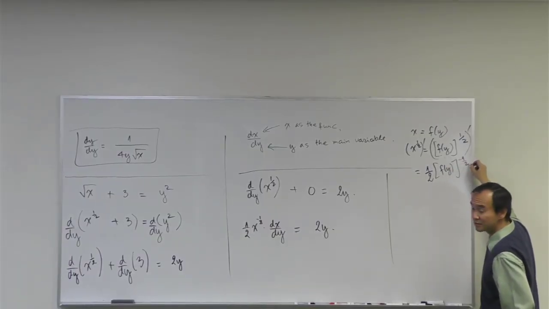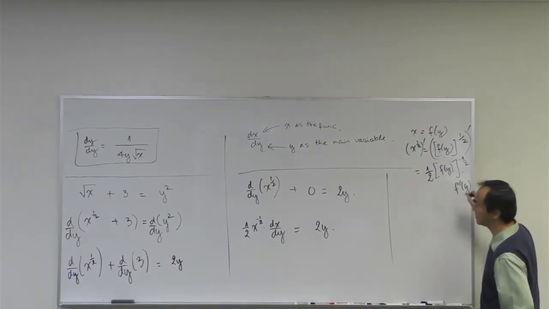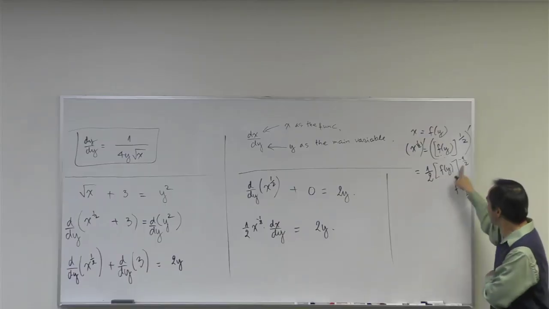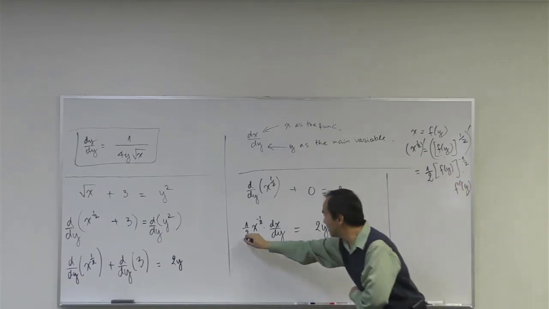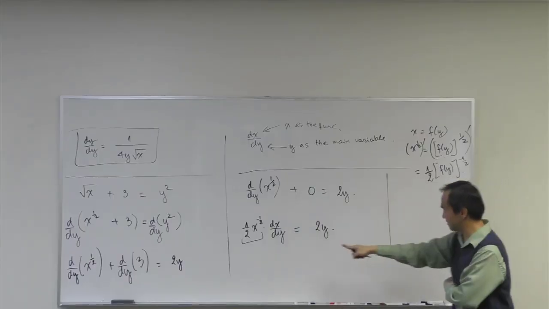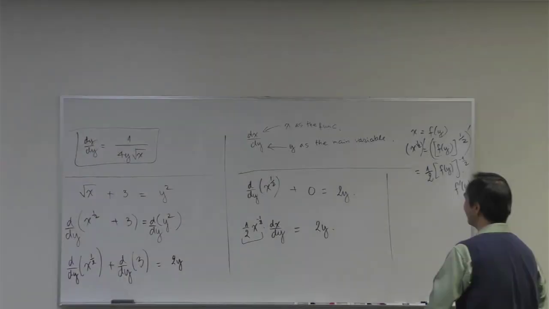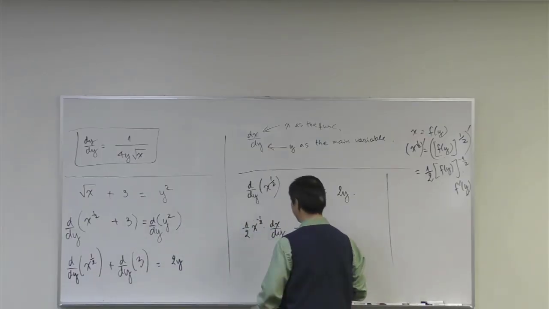That's the derivative of the outside function, and we multiply with the unknown derivative of the inside with respect to y. That's why I have this whole 1/2 and f of y to the negative 1/2 together. And then the unknown derivative right there is that dx/dy. So now we are ready to solve for dx/dy specifically.